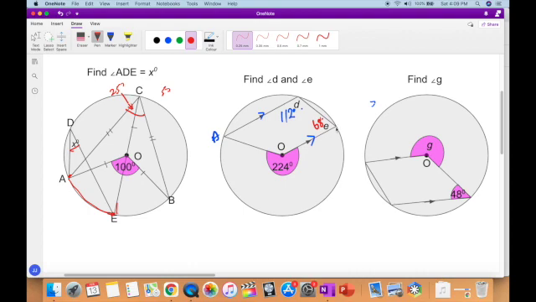In this case, we have the smaller arc AB. So we saw the same thing: the angle at the center is twice the angle at the circumference. That is how we get D.